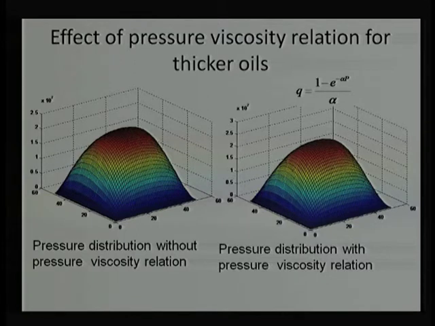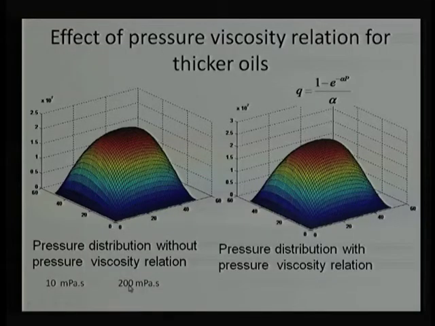Now, there is another thing to see, that this is only the viscosity variation. We increased the viscosity by 20 times, or we say that initially in the previous example viscosity of oil was 10 millipascal second, while in the present case we have considered 200 millipascal second. So, a 20 times increase in viscosity.